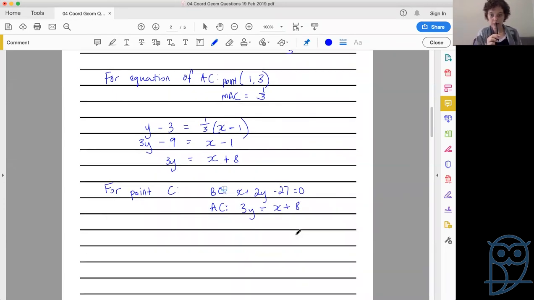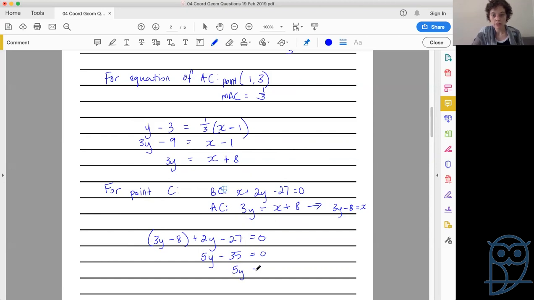Right. So simultaneous equations, our x's are standing on their own. So let's turn this one into 3y minus 8 equals x. And then we can go 3y minus 8 plus 2y minus 27 equals 0. So 3y plus 2y gives us 5y. Minus 8 minus 27 is a minus, and it's a plus, and it takes us to 35, I believe, equals 0.